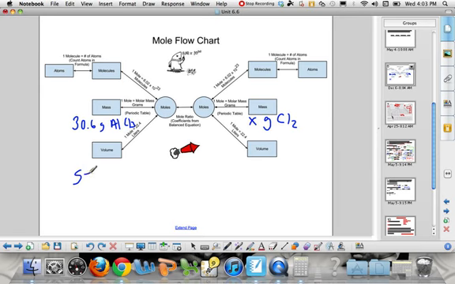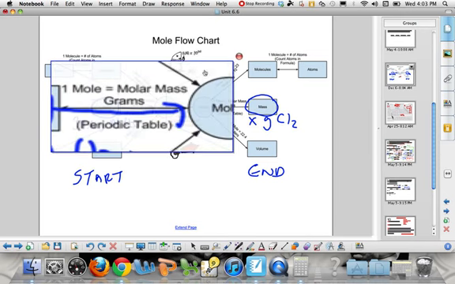So this is where I'm starting. This is where I'm ending over here. I'm starting in mass. I want to end in mass on this side for chlorine. So I'm going to take my grams of aluminum chloride first and change it to moles of aluminum chloride. And in order to do that, we've looked at this multiple times. In order to take grams to moles, it says use the periodic table.